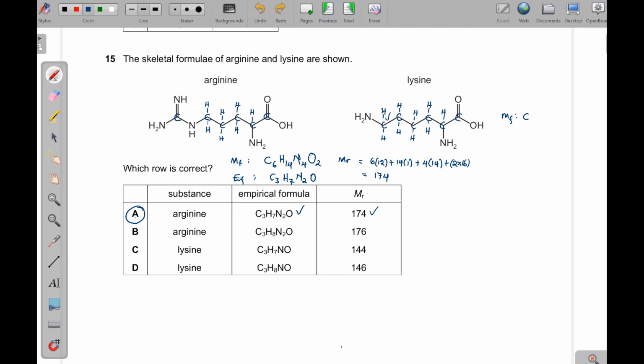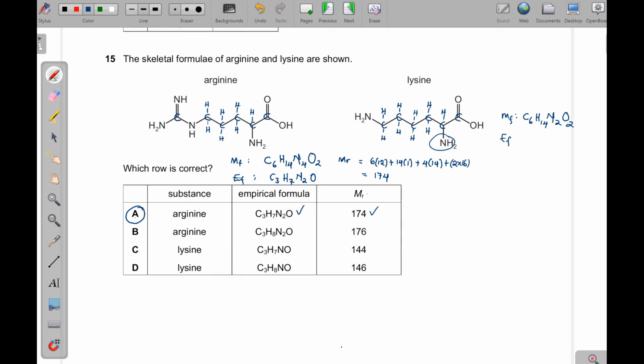So those are 6 carbons. I'll put a 6 here. Then hydrogens, how many are they? These are 2, then 3, 4, 5, 6, 7, 8, 9, 10, 11, then 12, then 13, 14. So we are seeing 14 what? Hydrogens here. Then nitrogens, how many are they? 1, 2. And then oxygens are also 2.